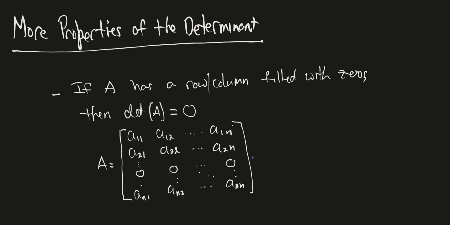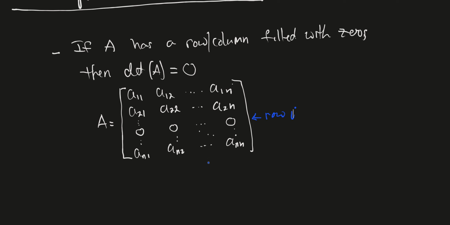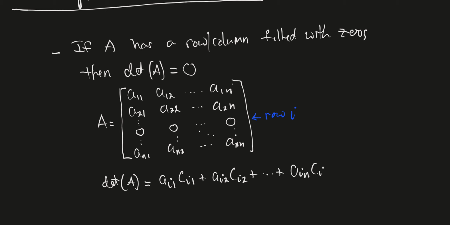So if I am going to use row i to do my cofactor expansion, let's write out our cofactor formula. The determinant of the matrix would be Ai1 times Ci1, and again, I'm using this to represent the ith row, plus Ai2 times Ci2, all the way across until I get to the last entry in that ith row, which is Ain Cin.